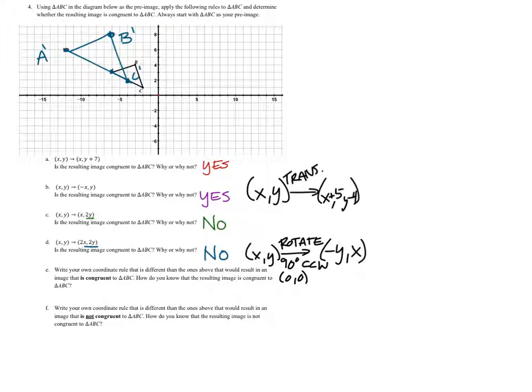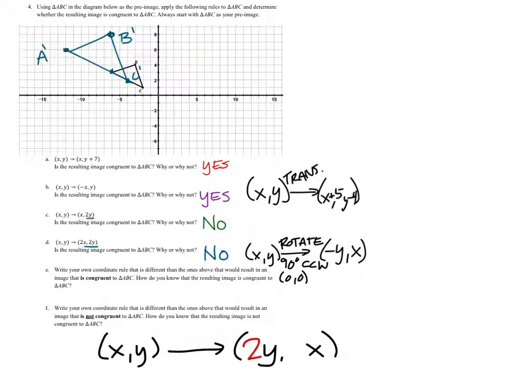Write your own coordinate rule that is different than the ones above that would result in an image that is not congruent to triangle ABC. How do you know that the resulting image is not congruent to triangle ABC? It just has to be something that's not a translation, rotation, or reflection. So we've got to make them bigger, just like we did on C and D. We can keep them the same, we can switch them like these if we want, but we've got to expand or reduce them.